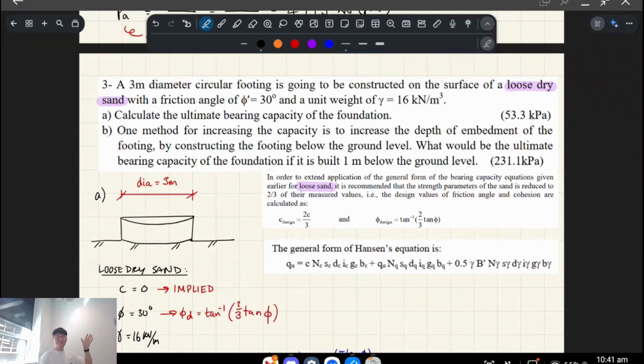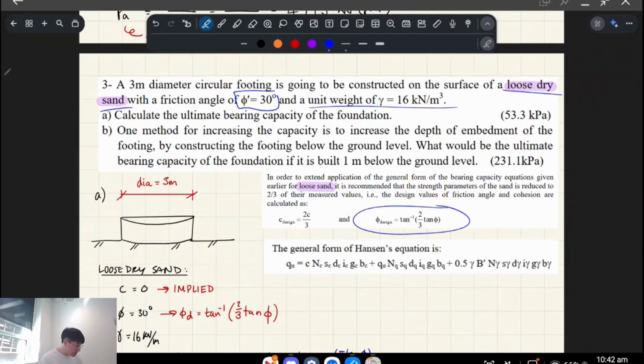It says there's a 3 meter diameter circular footing which is going to be constructed on loose dry sand, and that loose dry sand has an initial friction angle of 30, but we're going to reduce it due to the design equation, this one here, and there's a unit weight of 16 kilonewtons per meter cubed. Calculate the ultimate bearing capacity.